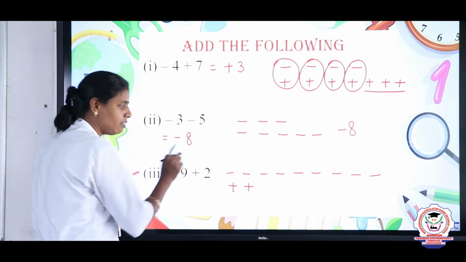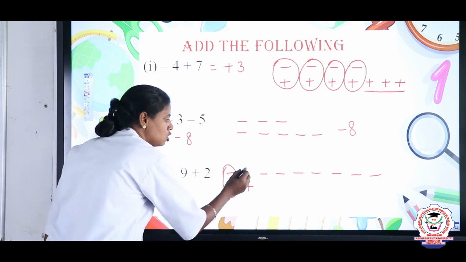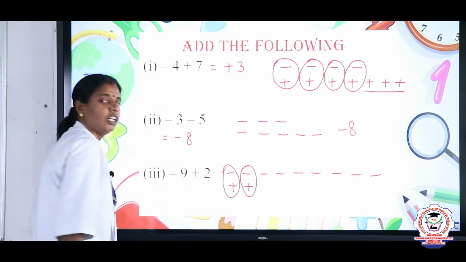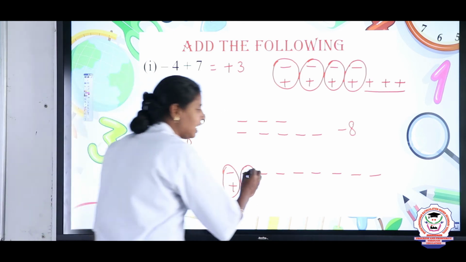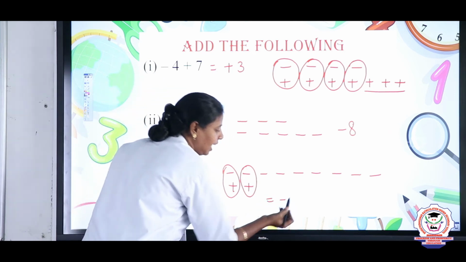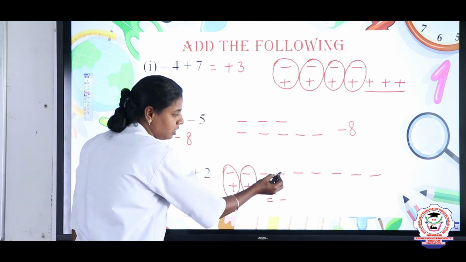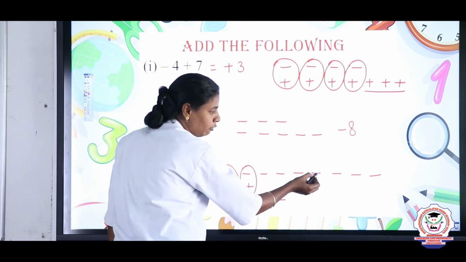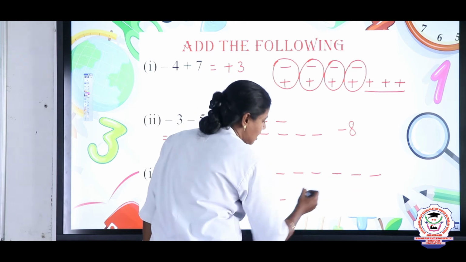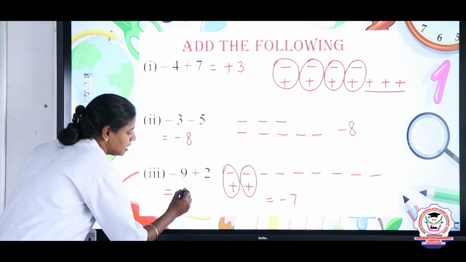Since positive and negative are given, we can pair them and it will become 0. So how many pairs can we make? 2 pairs. And what is left here? The negative sign, so the answer will also be negative. Count how many negative signs are there: 1, 2, 3, 4, 5, 6, 7. So the answer is minus 7.